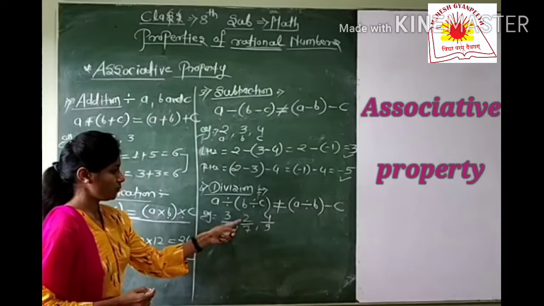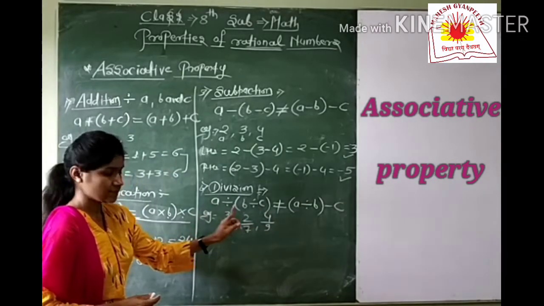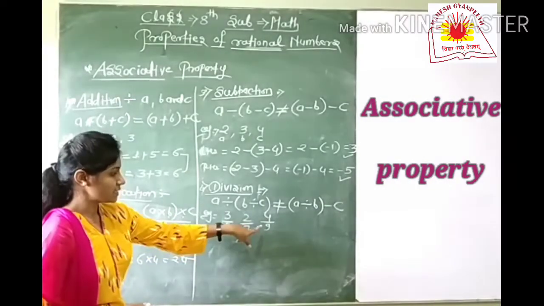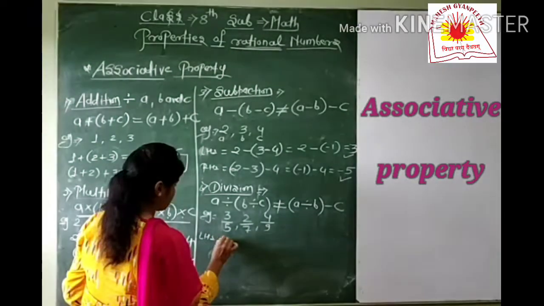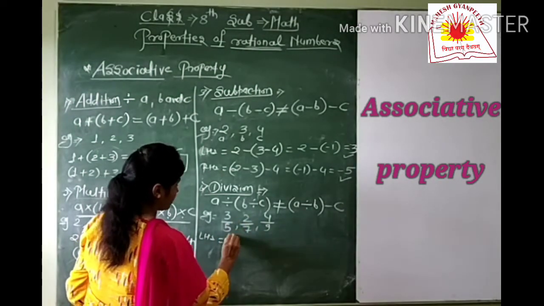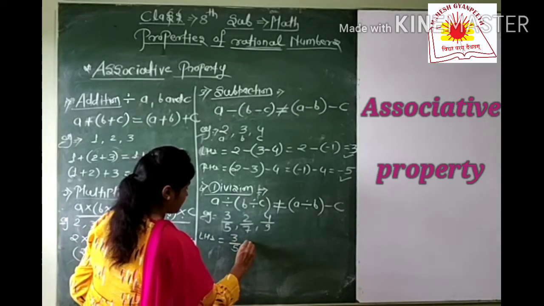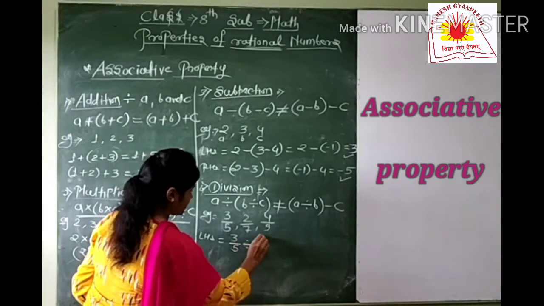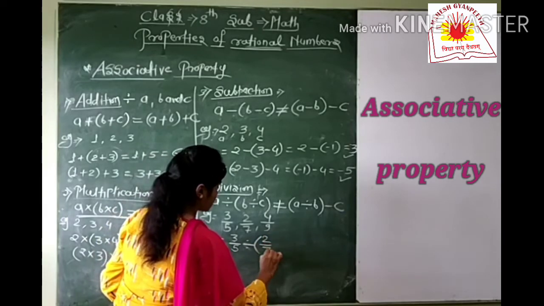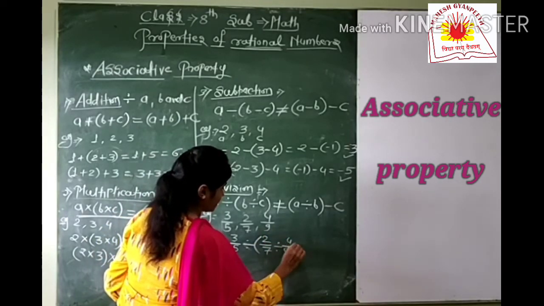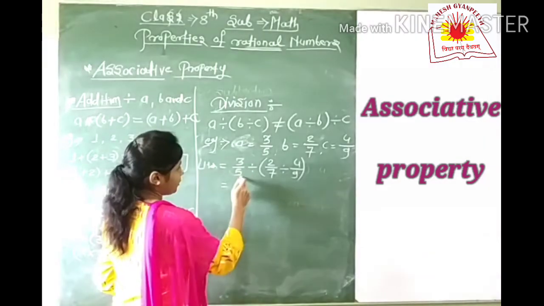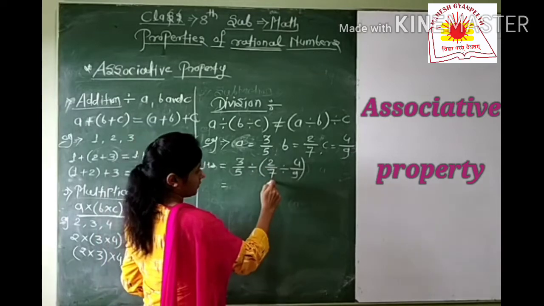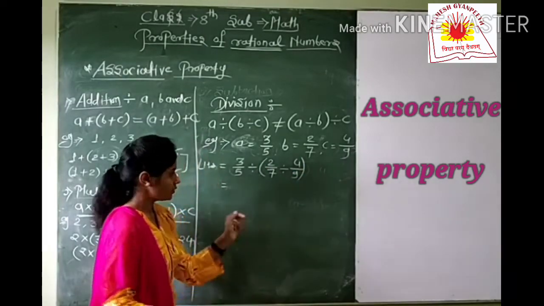These are A, B, C, three rational numbers. A is 3 upon 5 divided by, in bracket, 2 upon 7 divided by 4 upon 9. Now solve here.